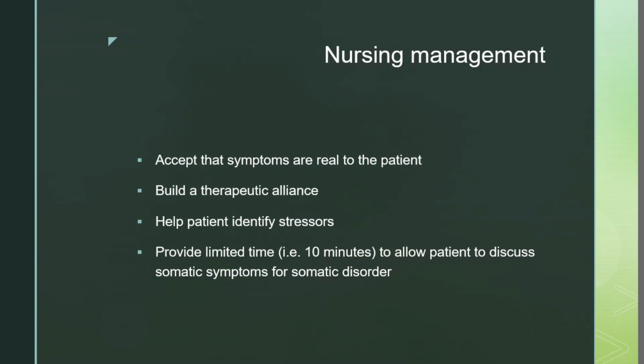We're going to help the patient identify stressors because obviously there are lots of these disorders associated with anxiety, stress, and trauma. So we need to identify these stressors and then build that toolkit for the patients. And then we also put in professional boundaries and we stick to them.